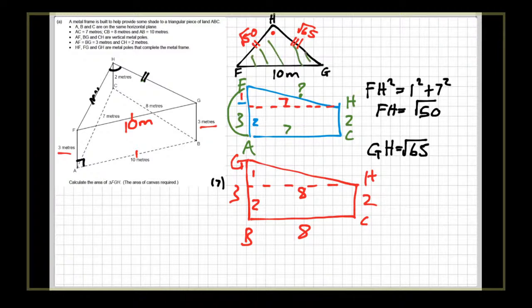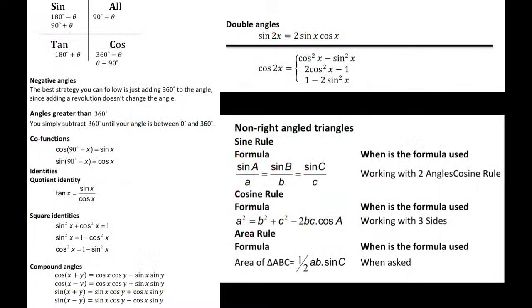And if I look at my theory, I'm going to jump over to the theory quickly. Whenever I'm working with 3 sides, I'm going to go towards my cosine rule.